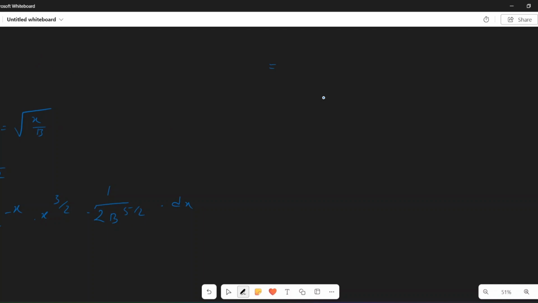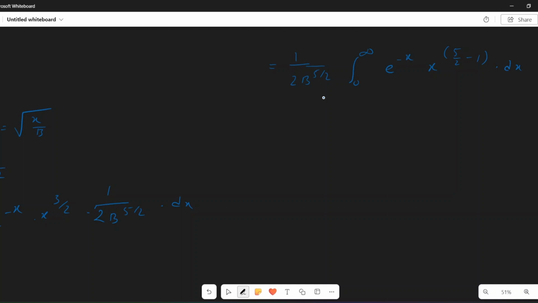Here we can write it in the form of 2b to the power 5 by 2 into the integral from 0 to infinity of e to the power minus x into x to the power 5 by 2 minus 1 dx. Again we can remember the gamma function.